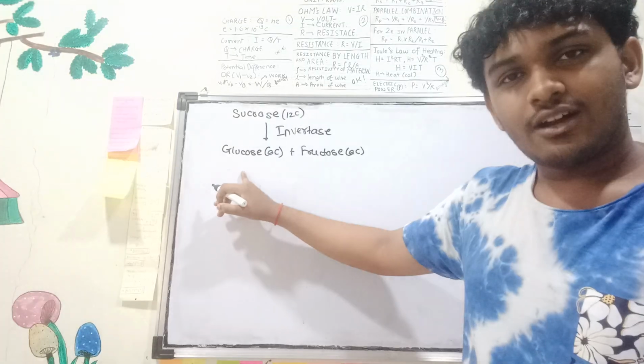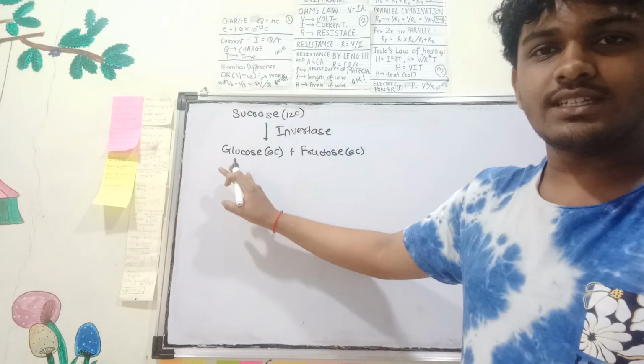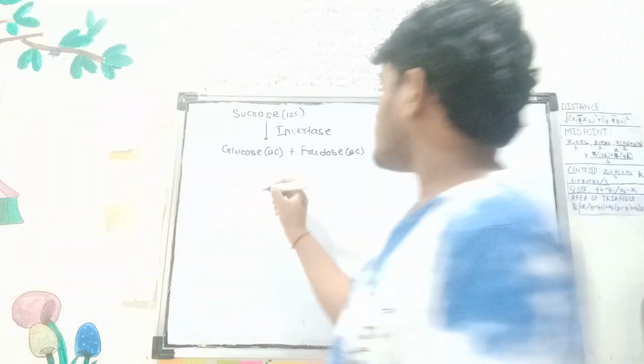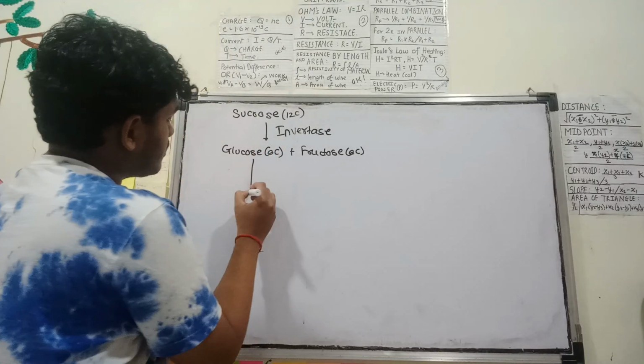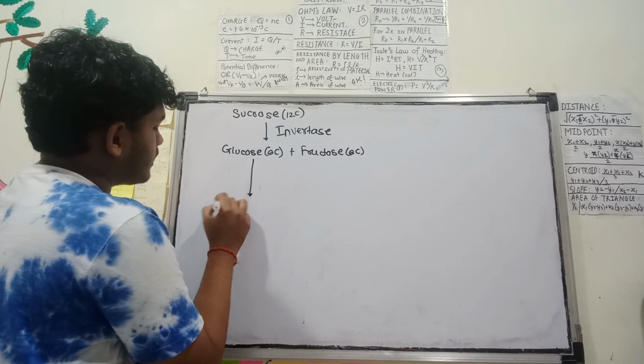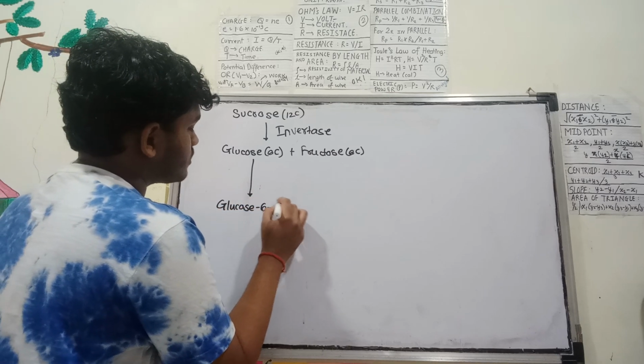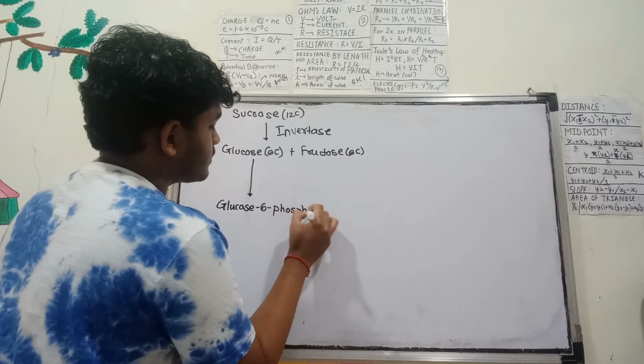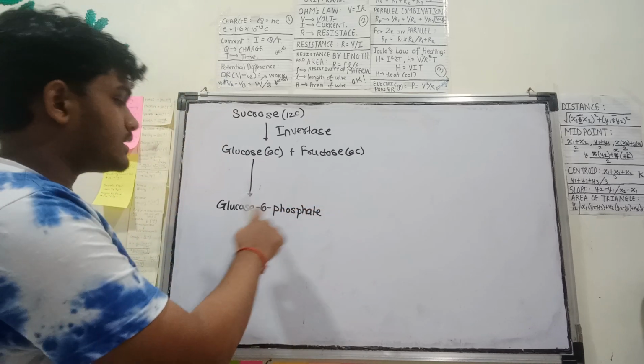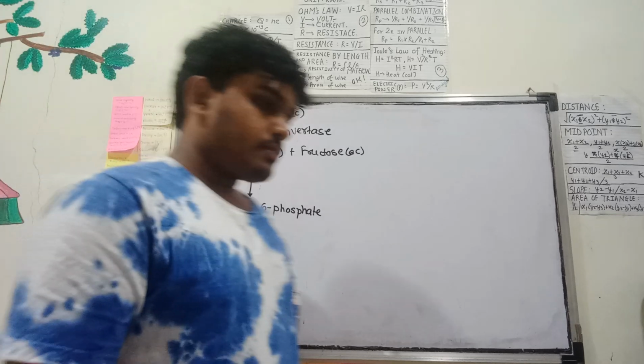Now we continue the reaction from glucose. Glucose is now converted into glucose 6 phosphate.